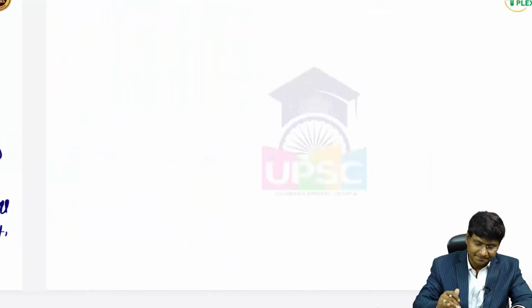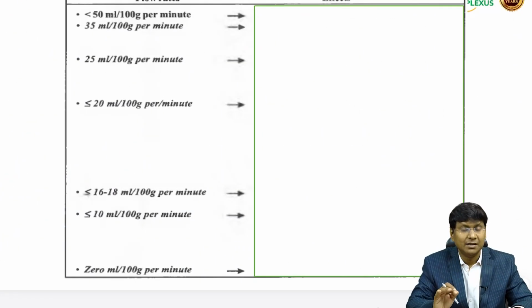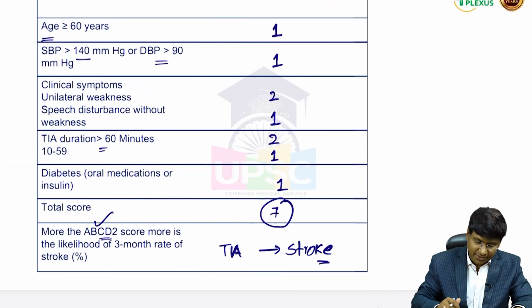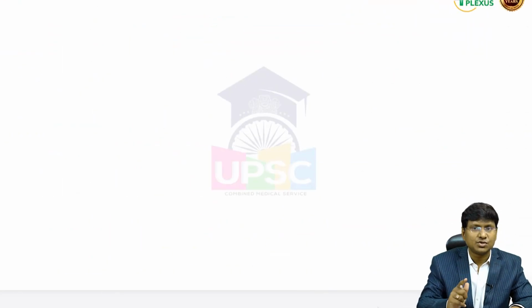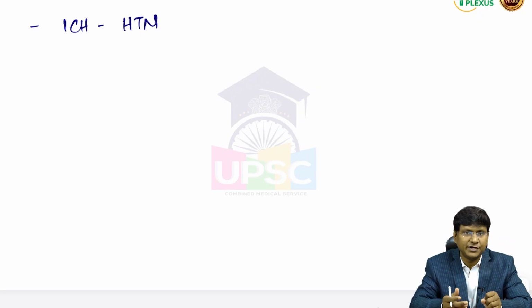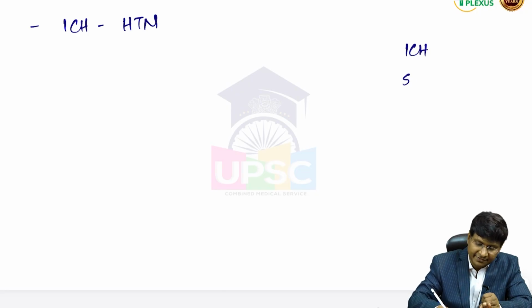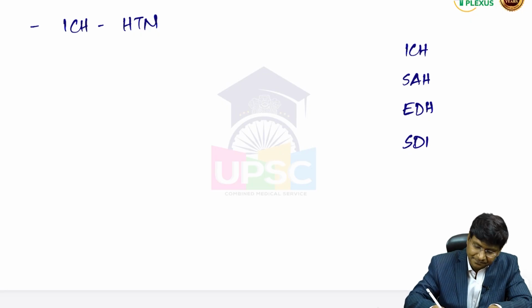Now, before that, the most common cause of intracerebral hemorrhage will be hypertension. If you see the hemorrhagic strokes, we have intracerebral hemorrhage, then subarachnoid hemorrhage, then epidural hemorrhage, and then the extradural or subdural hemorrhage.